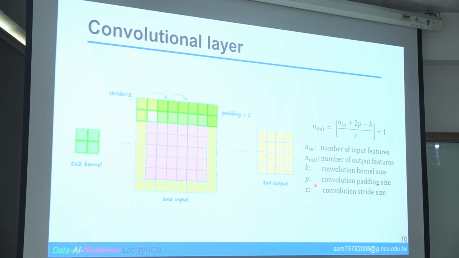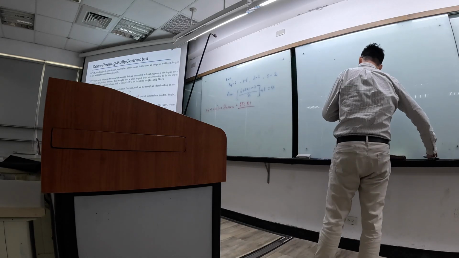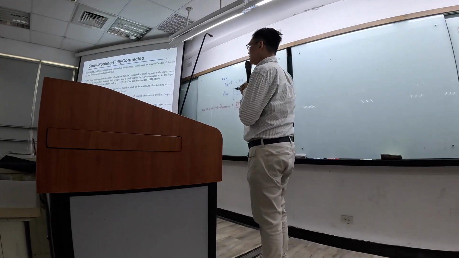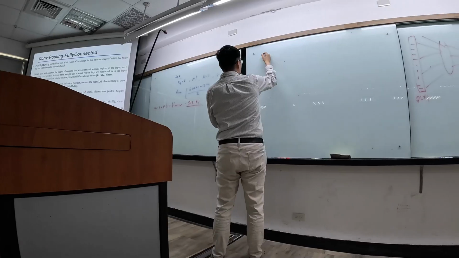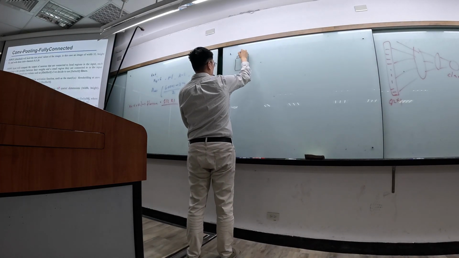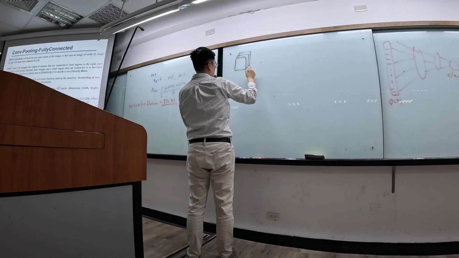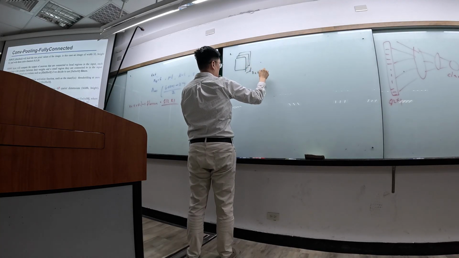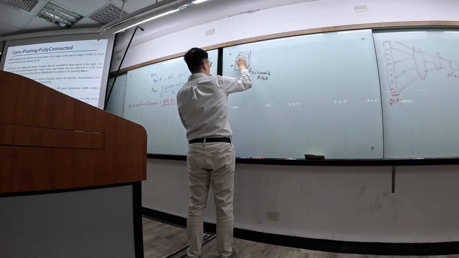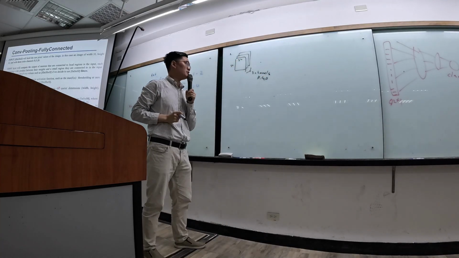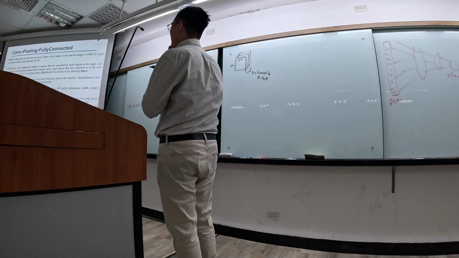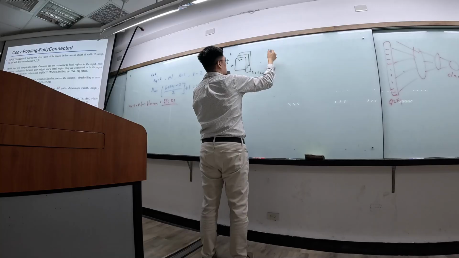If we look at an example, let's start from the input. Suppose you have a 32 by 32 by 3 image as the input size, which is something like this. 3 different channels, RGB, and the size is 32 by 32. That will be the input. Now suppose we use a 1 by 1 kernel filter.